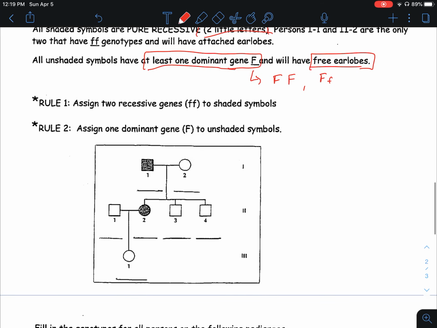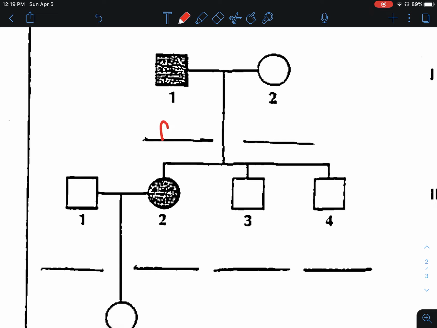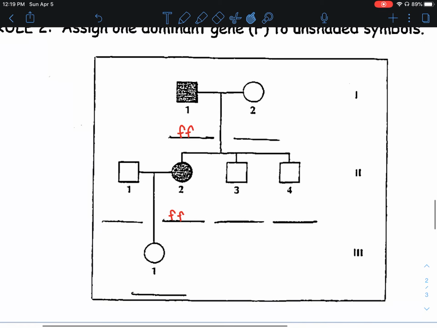They want us to assign what we have here. We can easily do the shaded ones because those are both lowercase. Sorry, I'm going to try to make those appear really lowercase here. So lowercase, lowercase, lowercase, lowercase. If they're unshaded, they have at least one capital, so we can say that for certain.